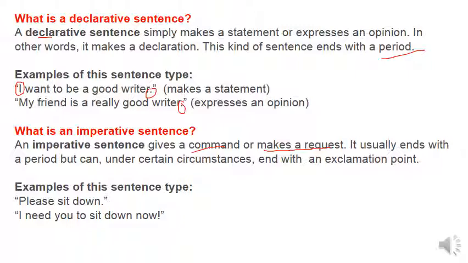Let's read these 2 examples. Please sit down. I need to sit down. So, an imperative sentence asks someone to do something. So, it asks for an order or it makes a request, and it usually ends with a period.